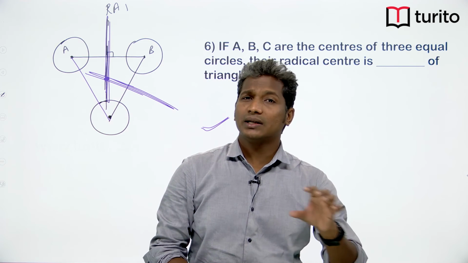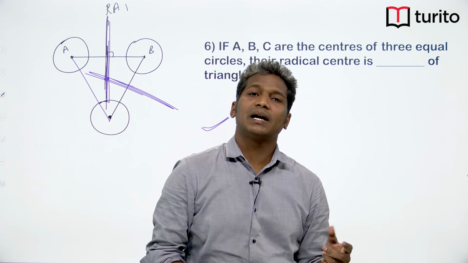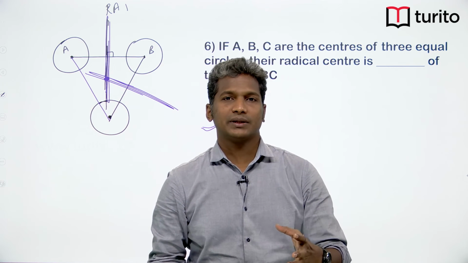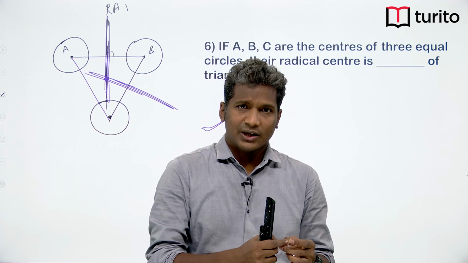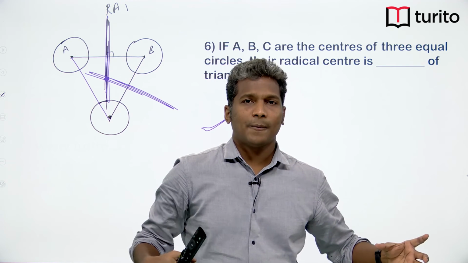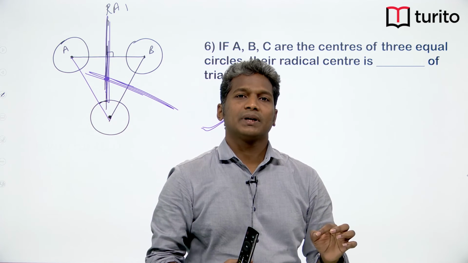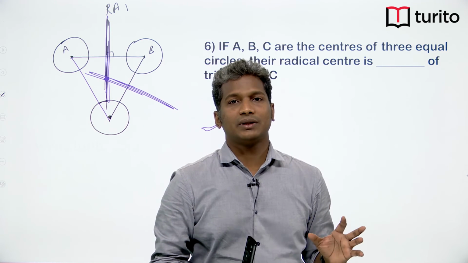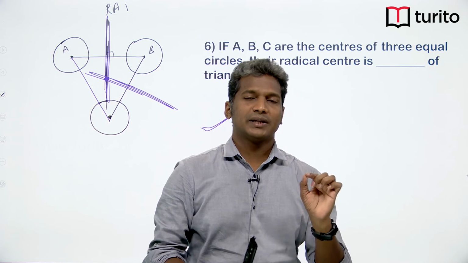Now, if all three circles have the same radius, then the radical center is the circumcenter. Whether the circles touch, intersect, or are apart, if all three radii are equal, then it has to be the circumcenter.